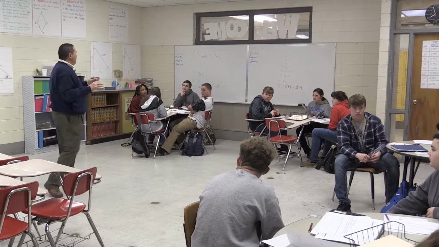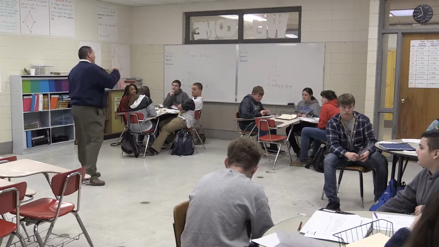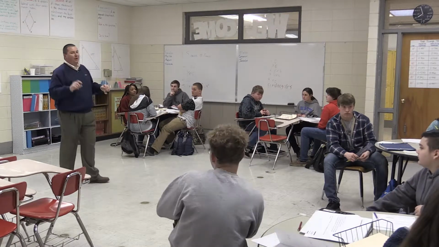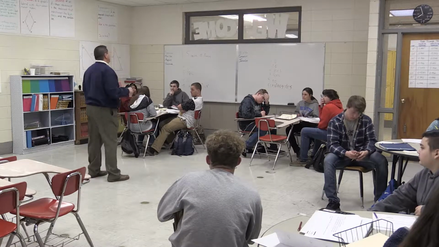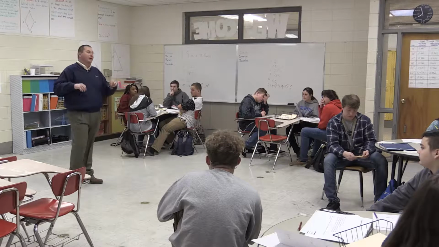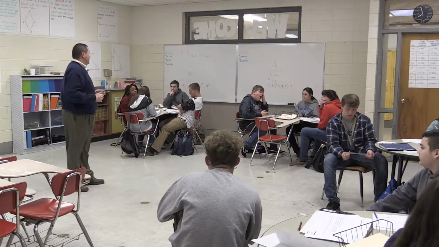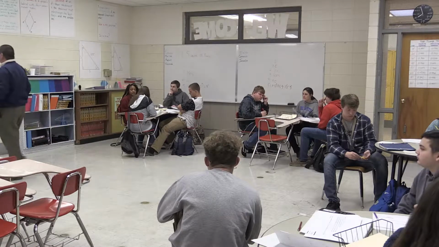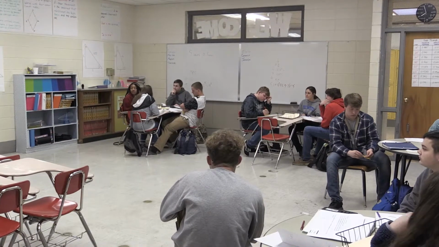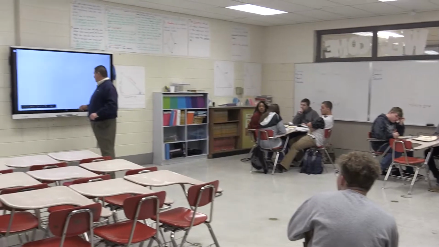Just like yesterday, where it was much easier to determine the points on that perpendicular bisector using the equation we came up with, it's going to be much easier to determine the vertex of this parabola using the equation that we're going to come up with. So now we're going to put those algebra skills to work, and y'all's are better than mine. So help me out here.